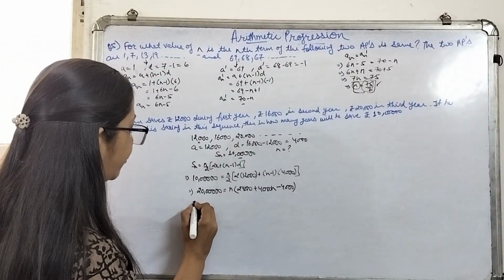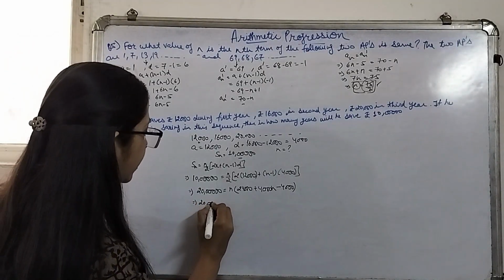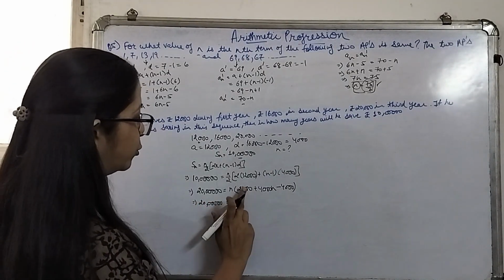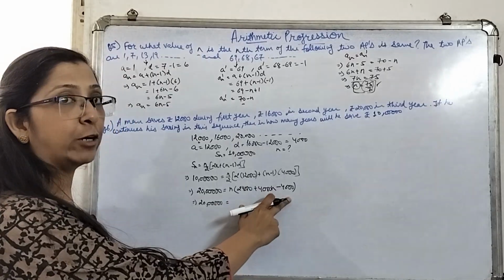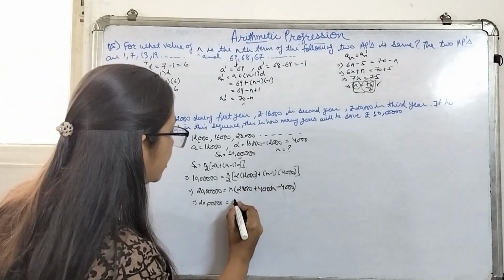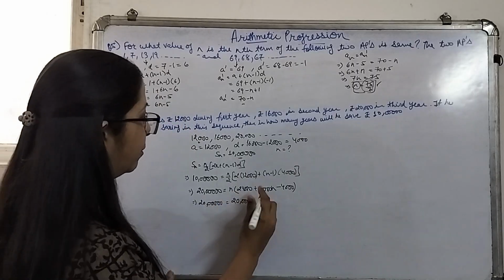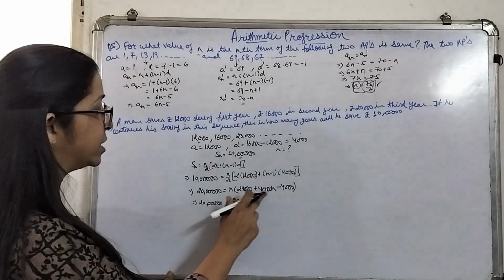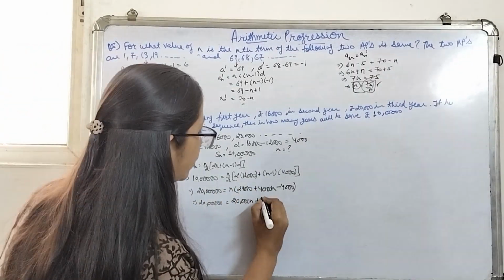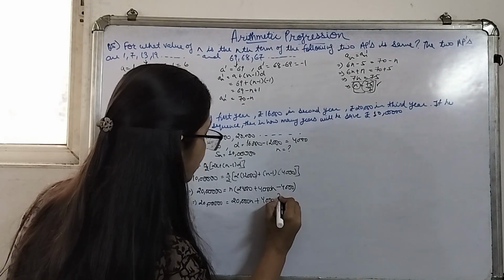Now if we solve it further, 20 lakh is equivalent to 24,000 minus 4,000, which is 20,000, so it will be 20,000 n plus 4,000 n multiplied by n, that is 4,000 n square.